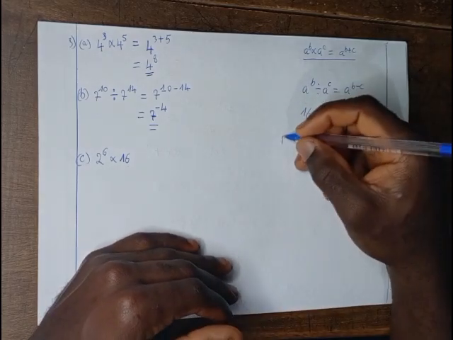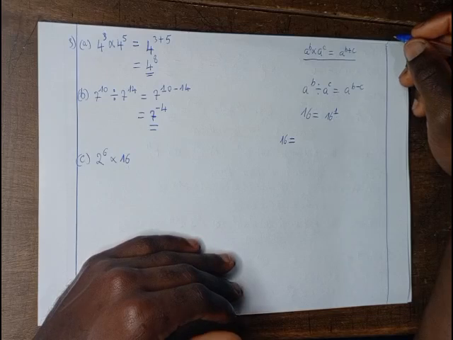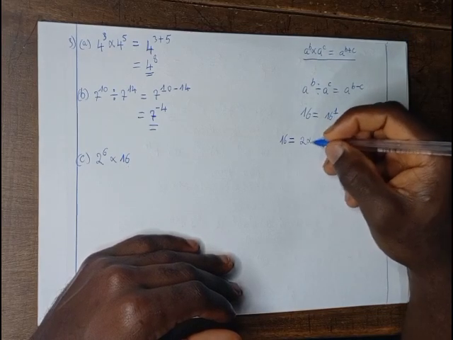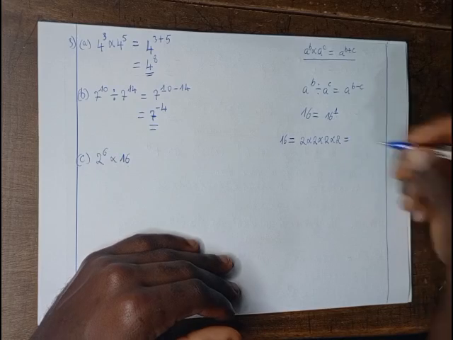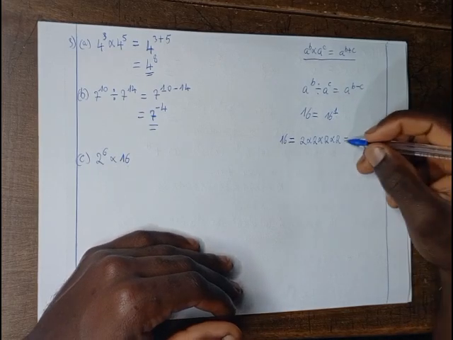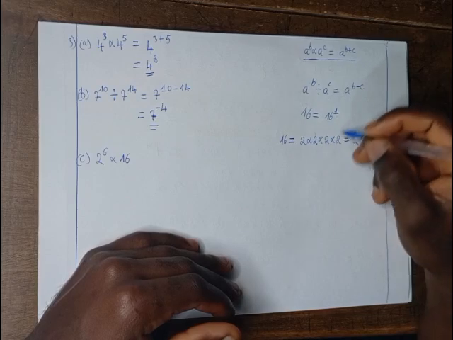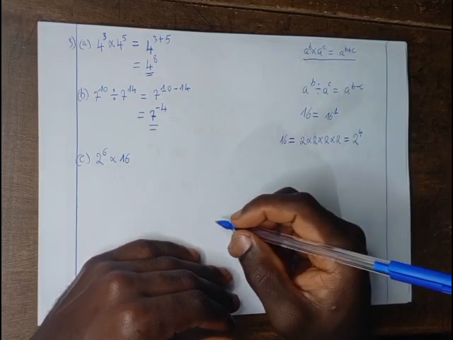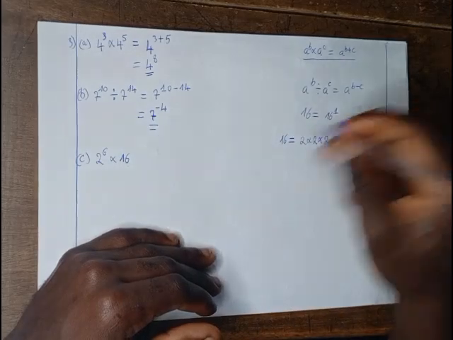We know that the number 16 can be expressed in index form with 2 at the base. If you take 2 times 2, it gives 4, times 2 gives 8, times 2 gives us 16. So expressing this in index form, this will simply give us 2 raised to the power 4. So what we are going to do is replace 16 with 2 raised to the power 4.